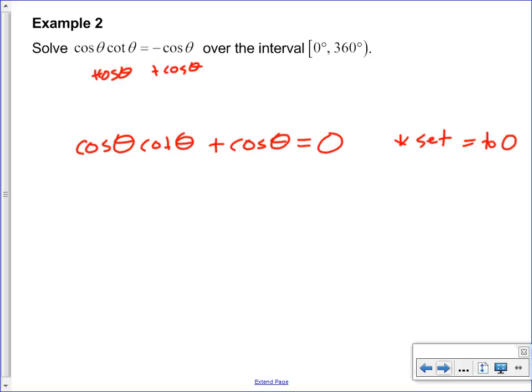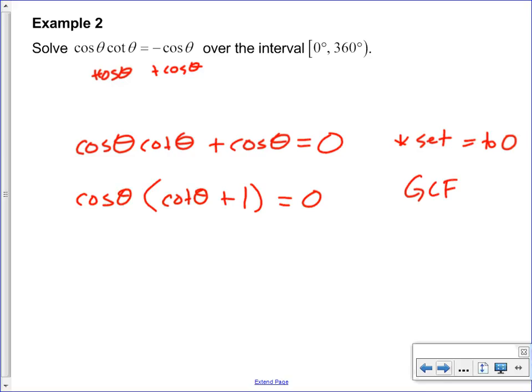Three little letters: GCF. The GCF is cosine. So you go cosine theta times cotangent plus 1.